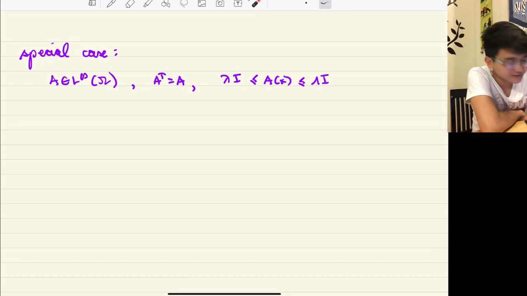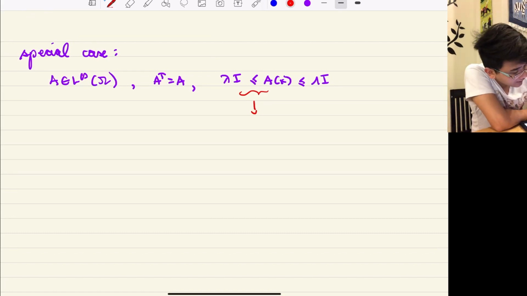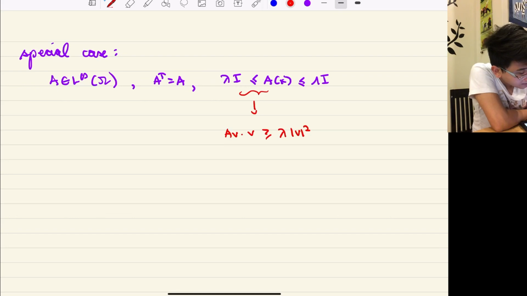So these are matrix inequalities. What this means is that, for example, A minus lambda I is positive semi-definite, or put another way, you have A v dot v is greater than or equal to lambda |v| squared. Note that A here is a function of x.